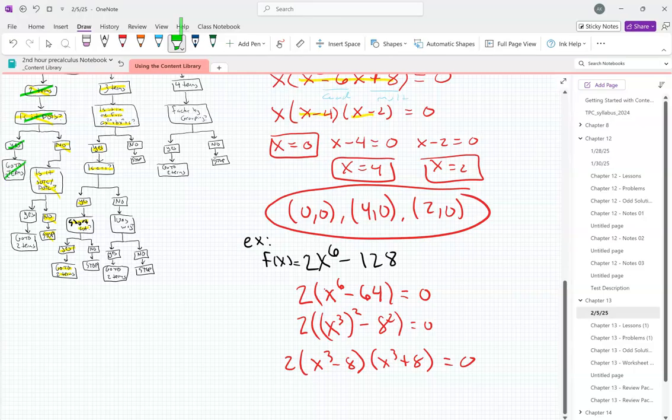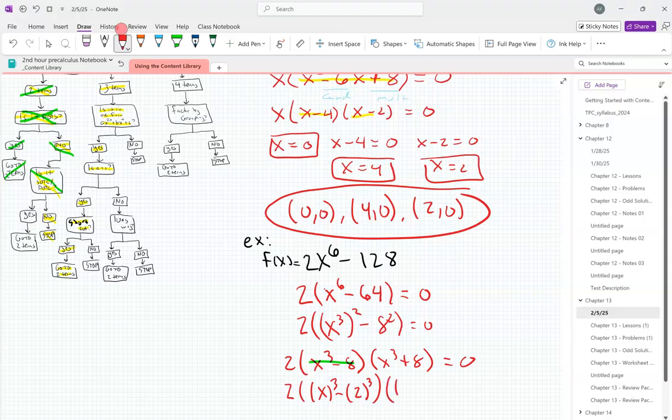And now we have to go back to the 2 terms branch and check each one of those. So is x cubed minus 8 a difference of 2 squares? No. Is it a sum or difference of 2 cubes? It is. Is it the sum or is it the difference? It's a difference. Yeah, because of the subtraction there. Hopefully you recognized 8 as 2 cubed.